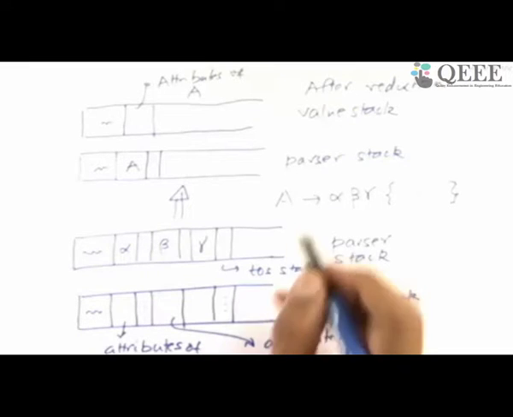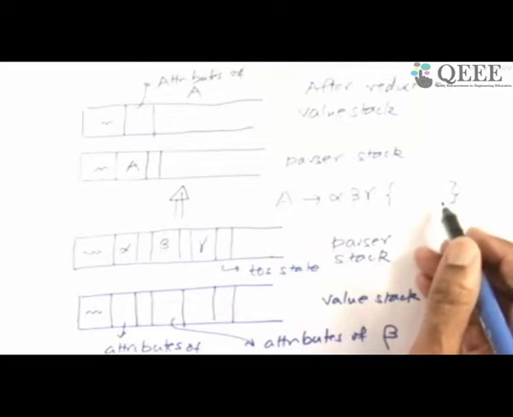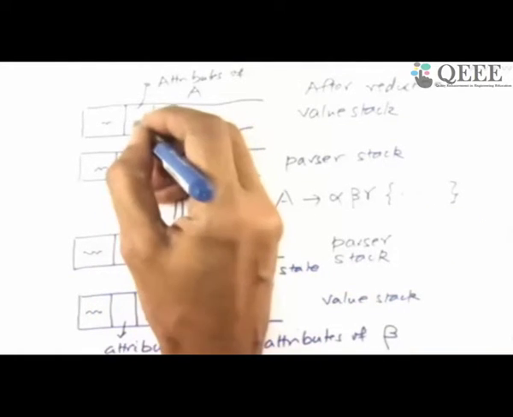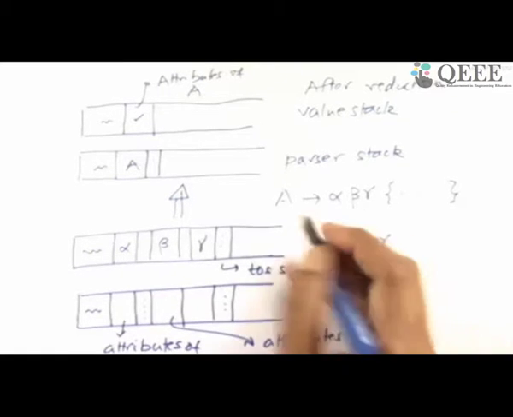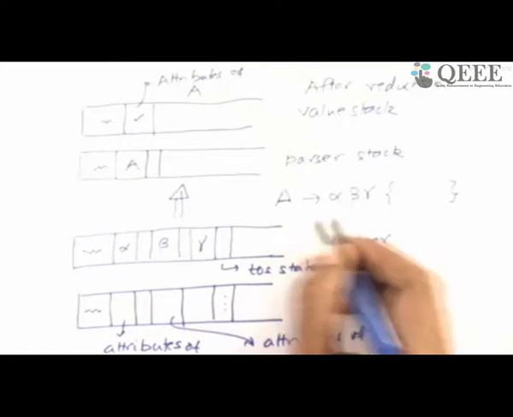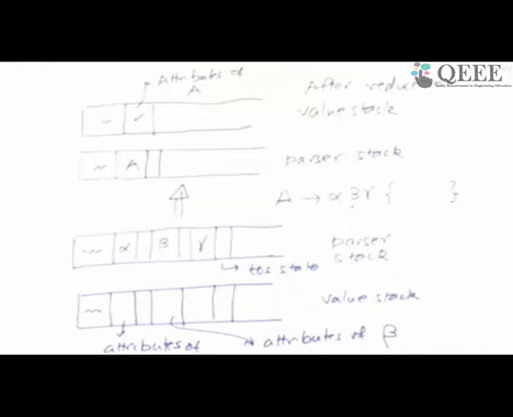If you create the attributes of A as a function of the attributes of the right hand side, then it is very easy to compute this while the reduction takes place. So now we are saying that while the parser does a reduction on the parsing stack, it does attribute evaluation on the attribute stack, and typically in one way of doing this, the attributes of A, the LHS, depend only on the attributes of the right hand side. There are variations to this which I will not get into today.